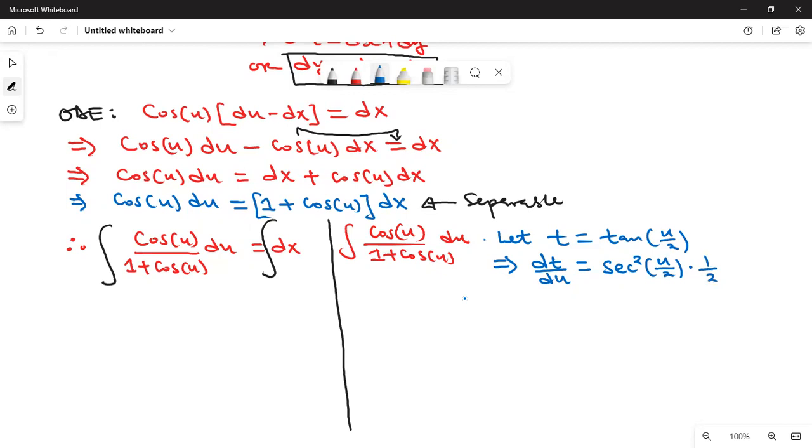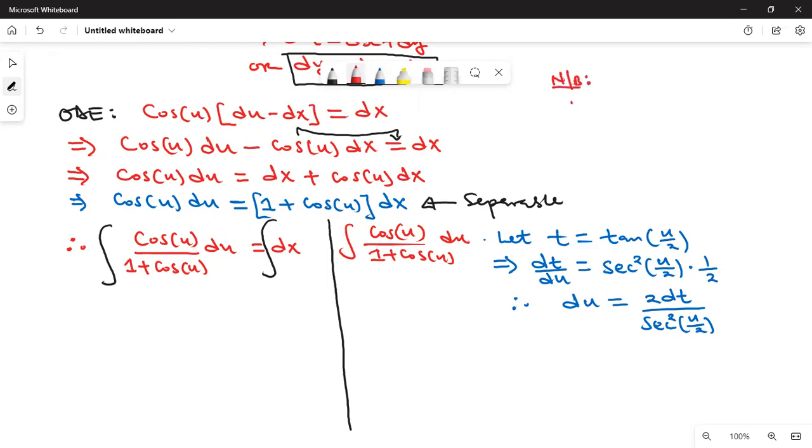So now I need to make du the subject. Therefore, du is equal to 2 dt over sec squared of u over 2. And let us take a note here.